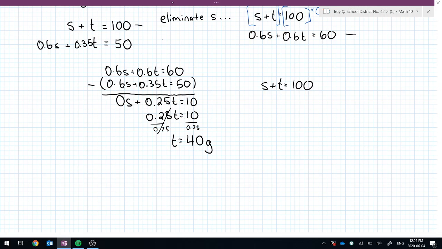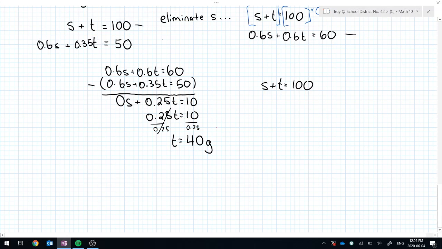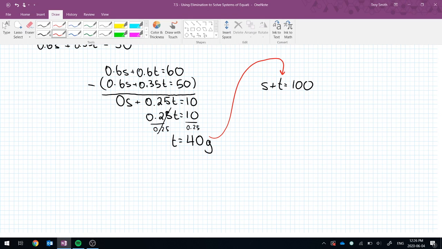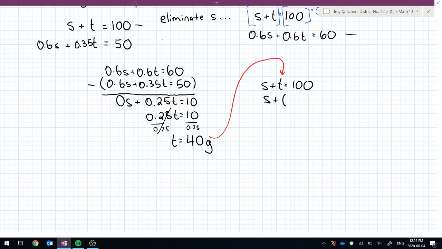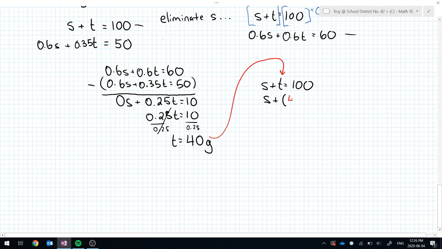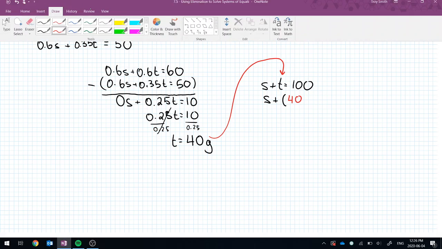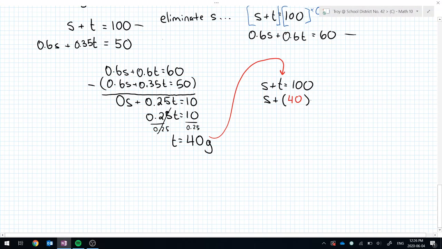So I can just take this, make my substitution here. So I get S plus my 40 grams. And to simplify this, I had to subtract 40 from both sides. And I get S equals 60 grams.